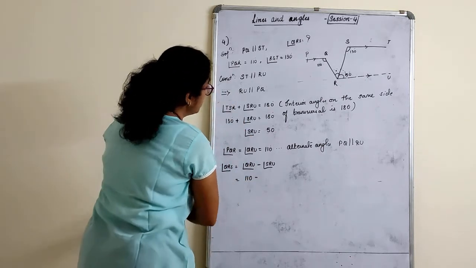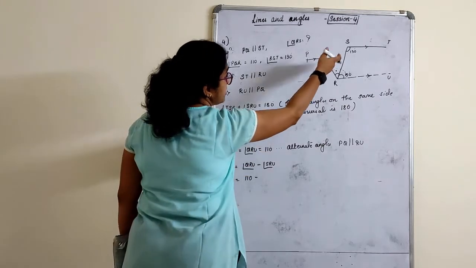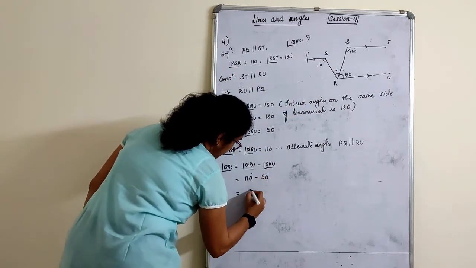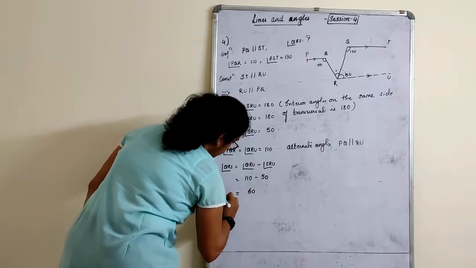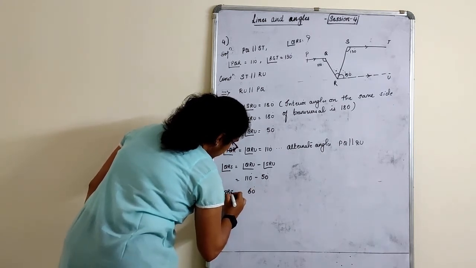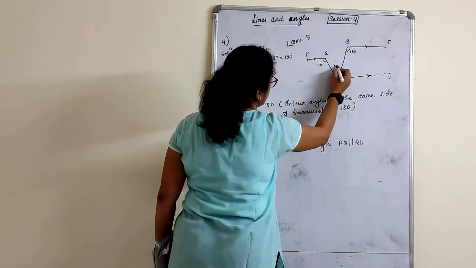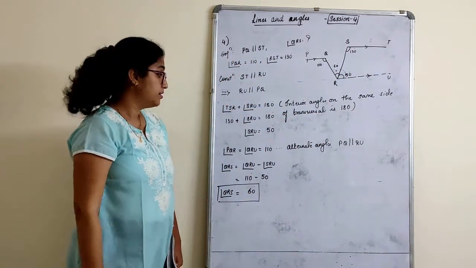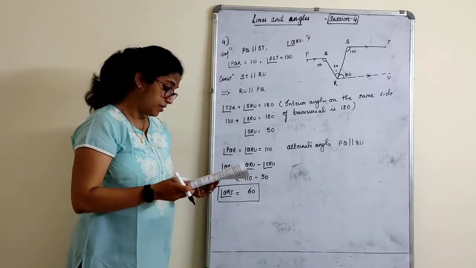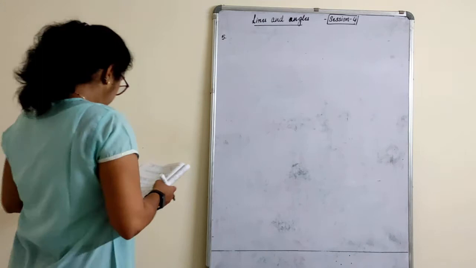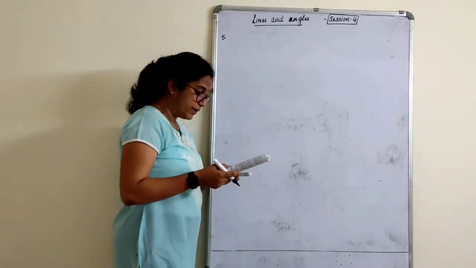SRU is how much? 50. SRU is what we just found there. Yes, 110 minus 50, 60. So this is 60 degrees, right? So with that we complete this. We'll start with the next one, the fifth one.